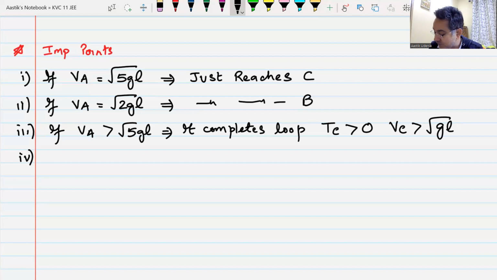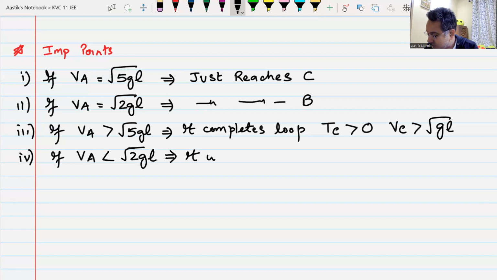Next, case number 4. If velocity at point A is less than root 2GL, then what will happen? It will oscillate in the lower half.